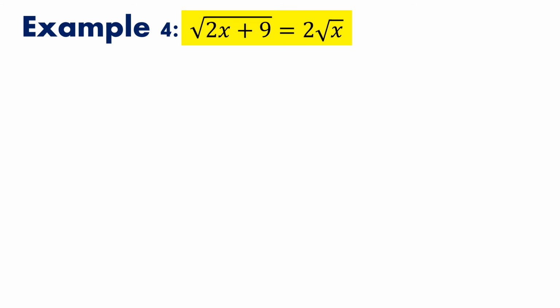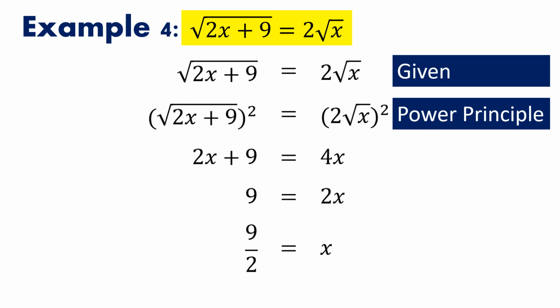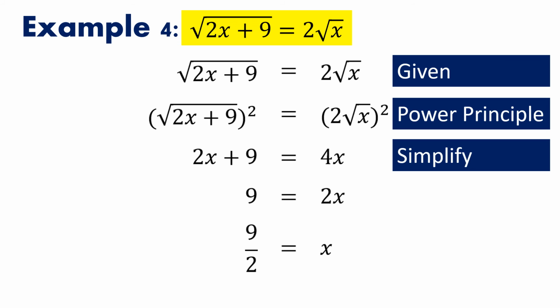Let us consider example 4. Square root of 2x plus 9 is equal to 2 square root of x. We apply the power principle. We simplify and get 2x plus 9 equals 4x.